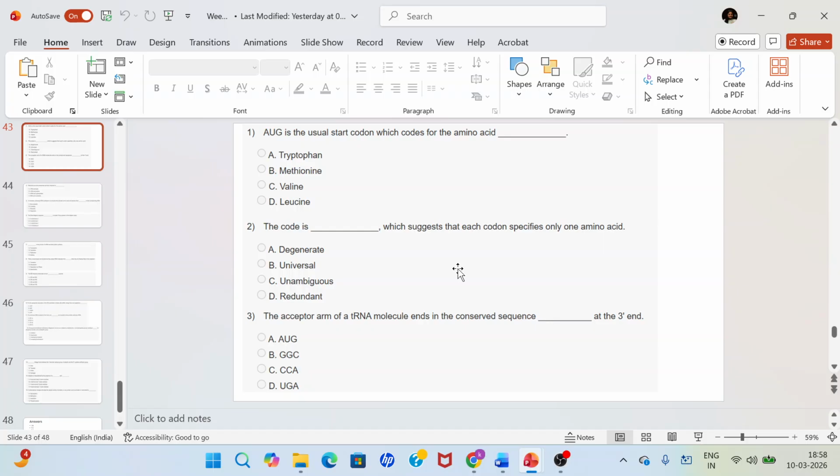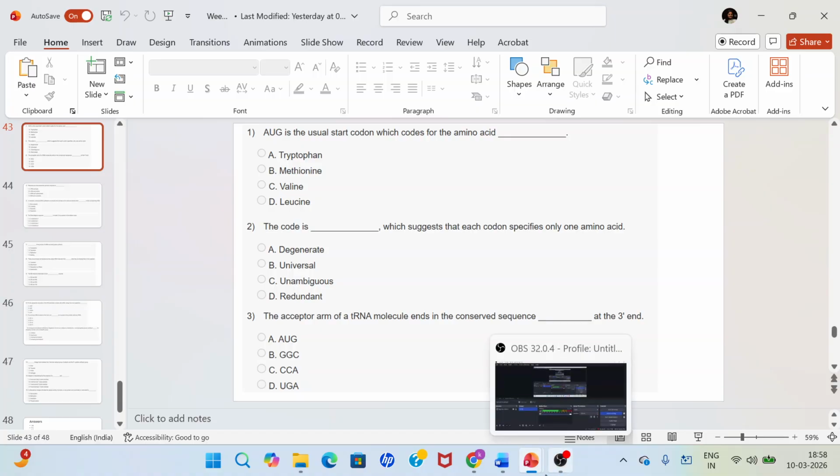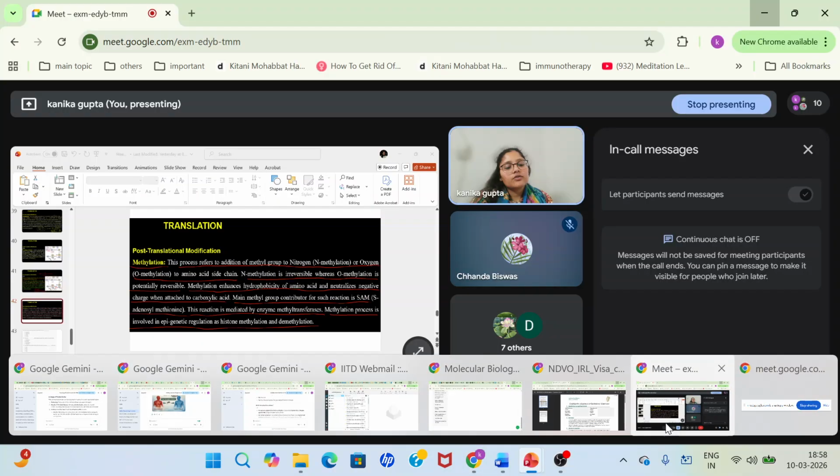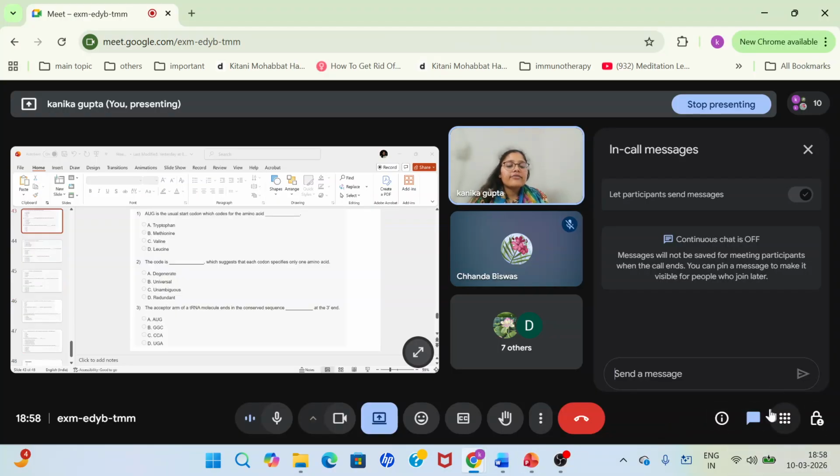Okay, guys. So as our practice goes, I'll ask the question. You will write the answers in the chat box. No one will speak up the answers so that everyone can perform. The first question is: AUG is the usual start codon which codes for which amino acid?